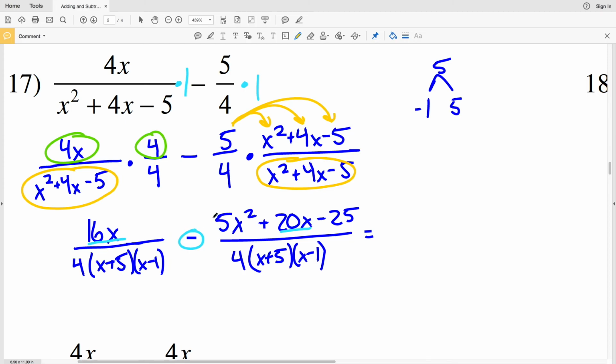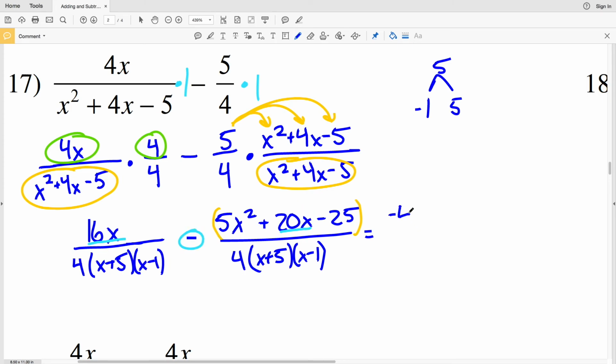However, before I complete this subtraction and combine my like terms, remember we're subtracting that entire quantity. So we're going to be subtracting 5x squared, subtracting 20x, and then subtracting the negative 25, which would be adding 25. Remembering that, let's take 16x and subtract 20x.